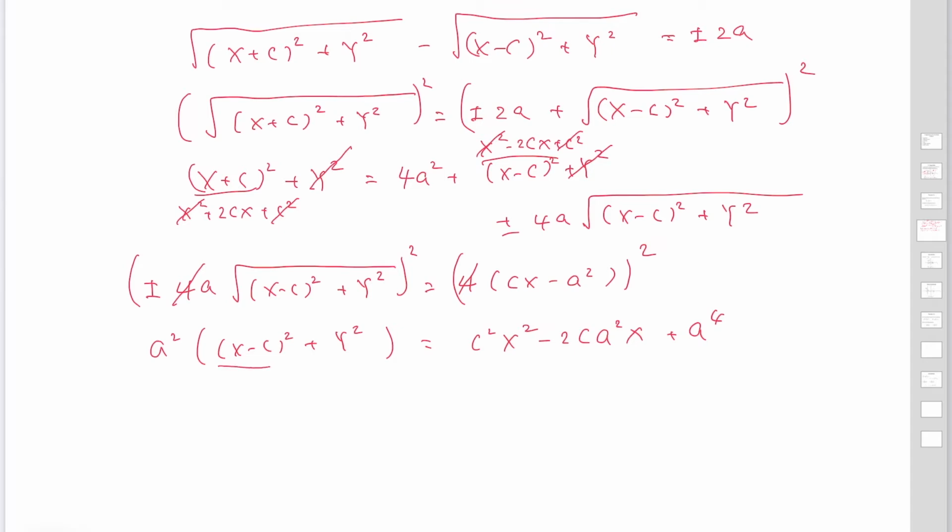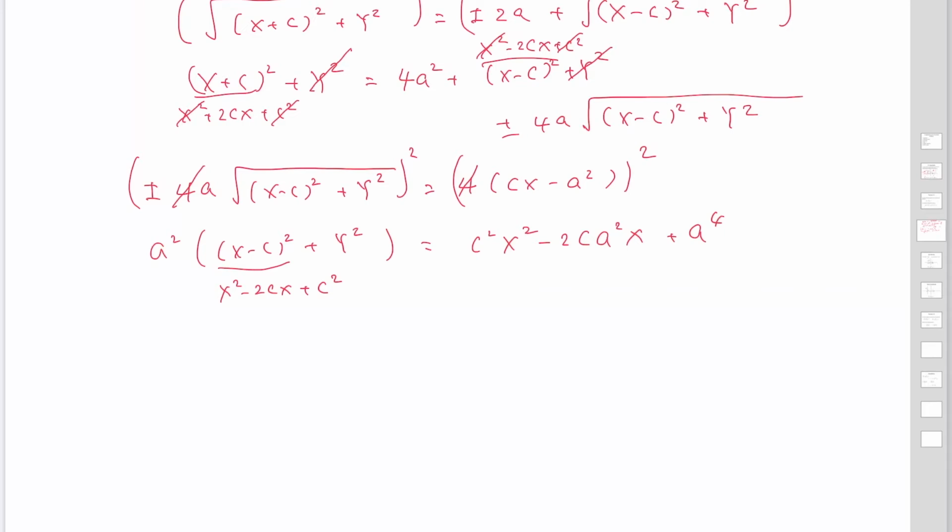Then this part is going to be x squared minus 2cx plus c squared. And actually we discover the same terms here and here.